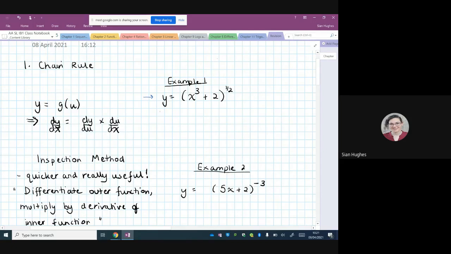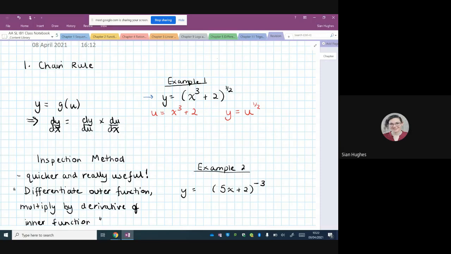So in this instance, we can say that u is x cubed plus 2, and that y is u to the half. So that's our composite function. We're not multiplying functions. What we're doing is x goes in, it gets cubed and gets 2 added to it, and then that result is then put to the power half.